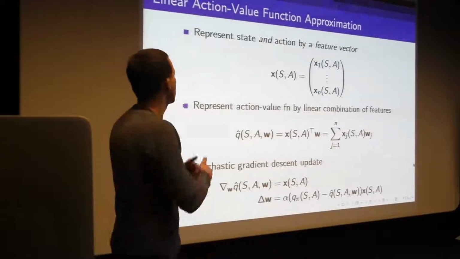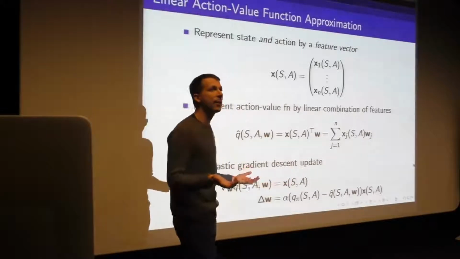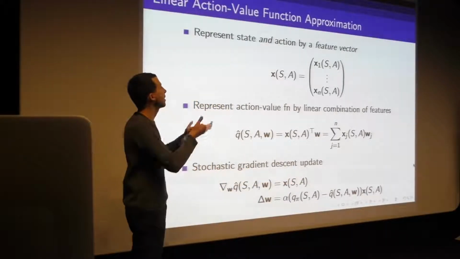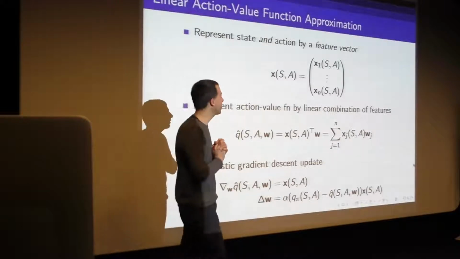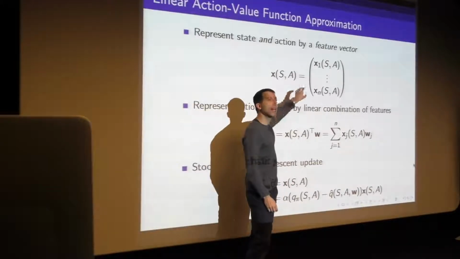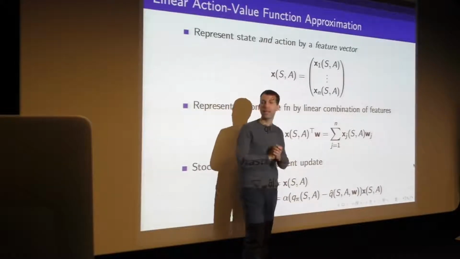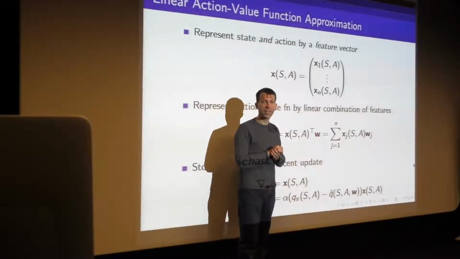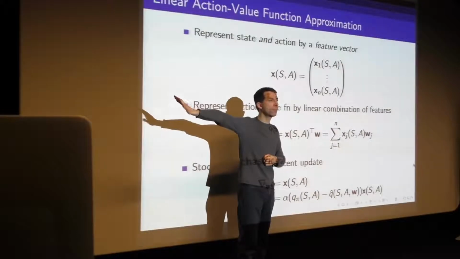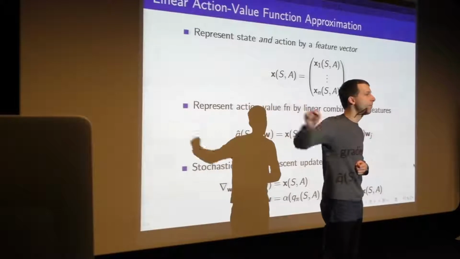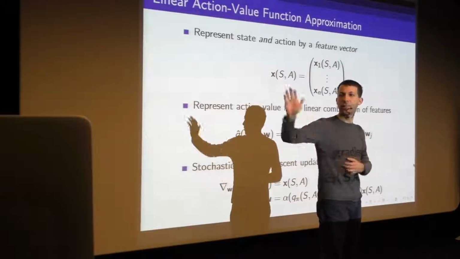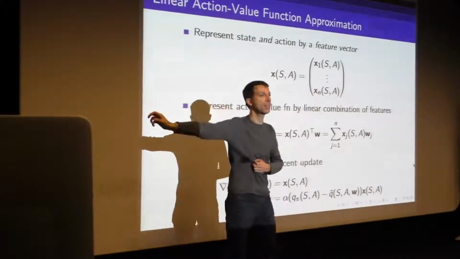And now, what does our function approximator look like? Well, let's consider the simplest case again. Using linear function approximation, we can now build features of both the state and action. So we might have one feature saying, how far am I away from this wall if I'm moving forwards? And I might have another feature that says, how far am I away from this wall if I'm moving backwards?